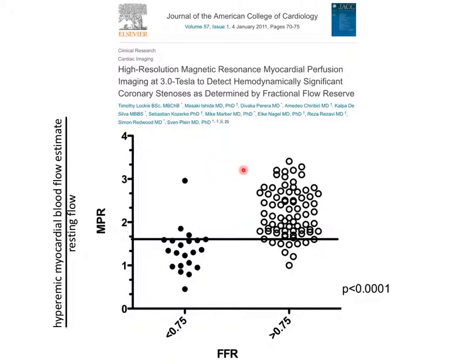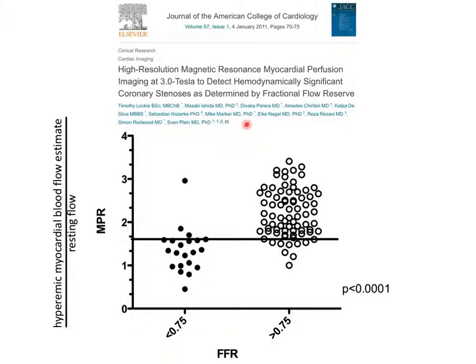So here's an example of some data that was obtained by a group in Britain in which they looked at fractional flow reserve in patients, and so the FFR was used as the underlying truth as to whether or not there was a significant lesion in the patient's coronary. And just to recall what FFR is, you put a catheter in the coronary artery itself that has the lesion.